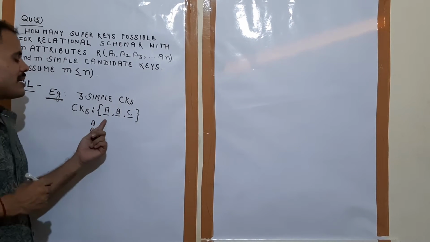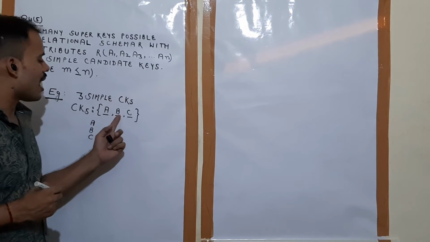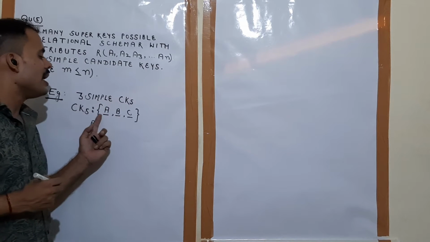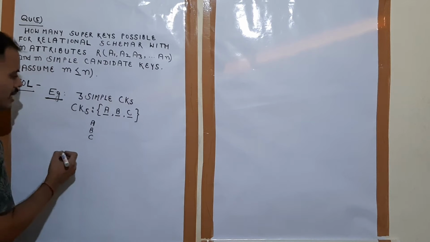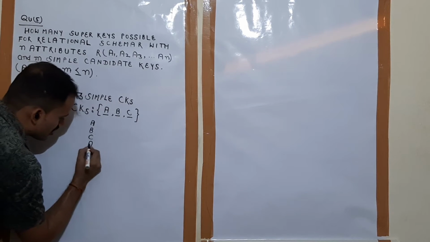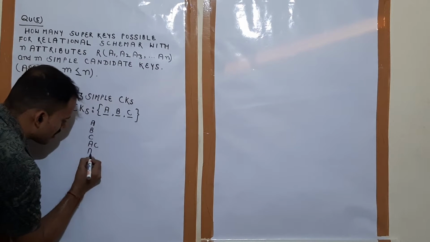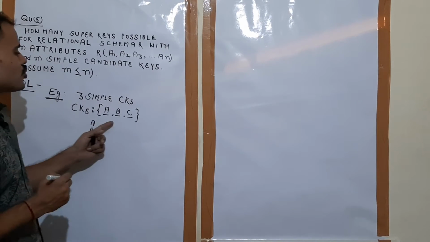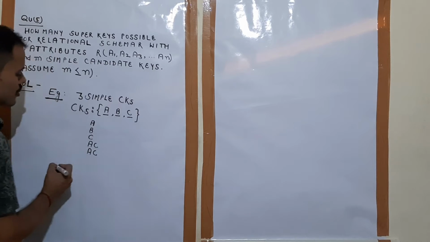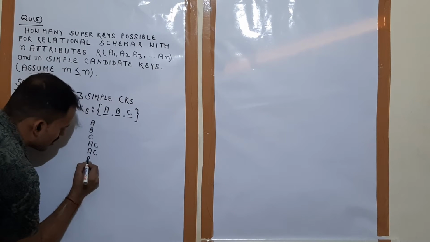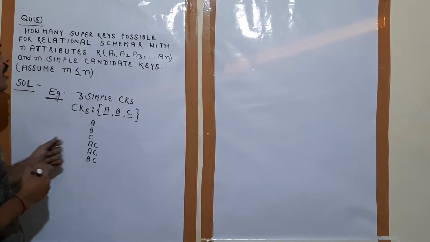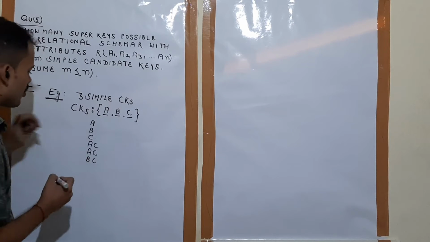Now A is a candidate key, then A is a super key, then AB is also a super key. AC is also a super key. B is a super key, then BC is also a super key. And then ABC is also a super key.